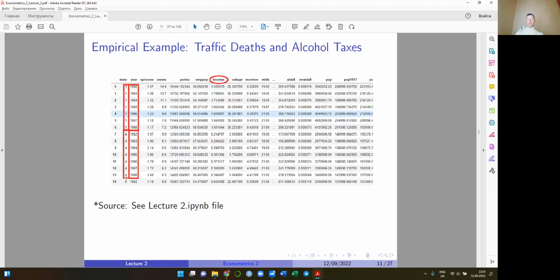In our case, this is state number 4, and we repeat the collection of these variables for the same time periods from 82 to 88. You're going to see that, for example, for state 1, beer tax is relatively high. For the other state here, the numbers differ up to 3 times.